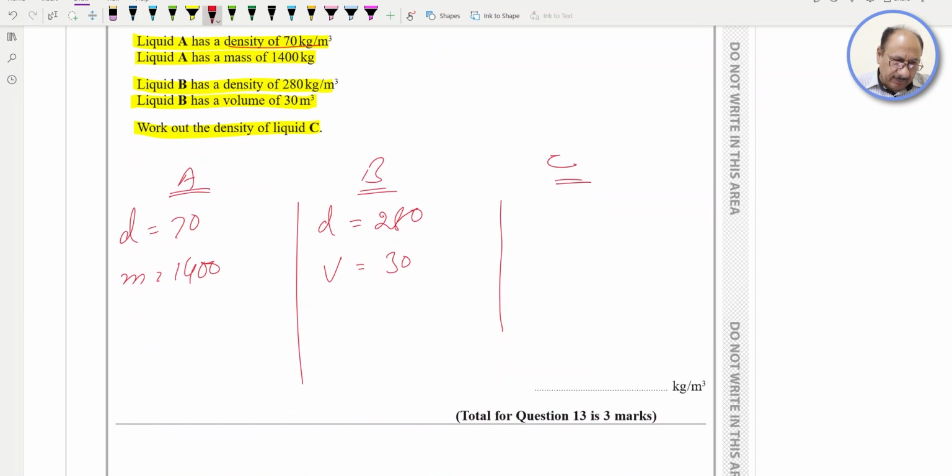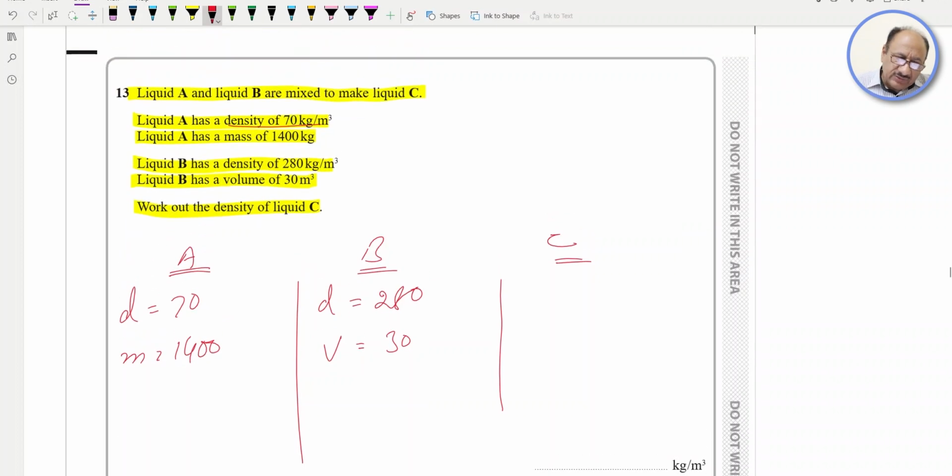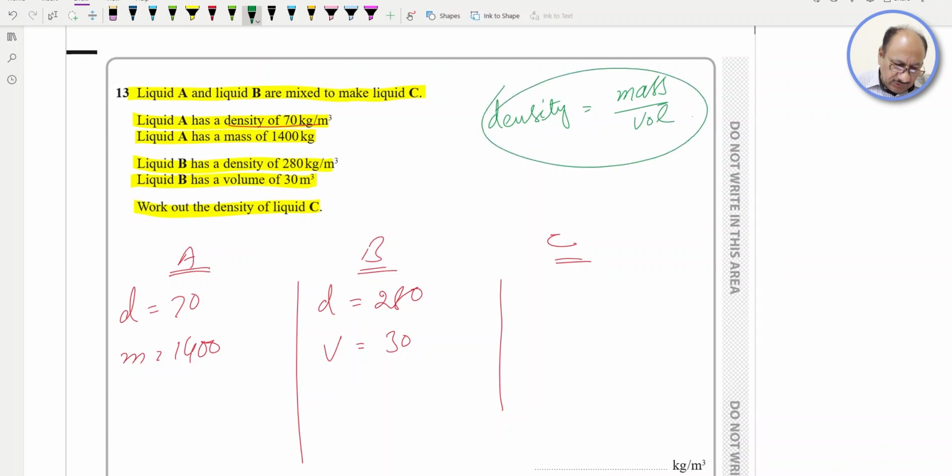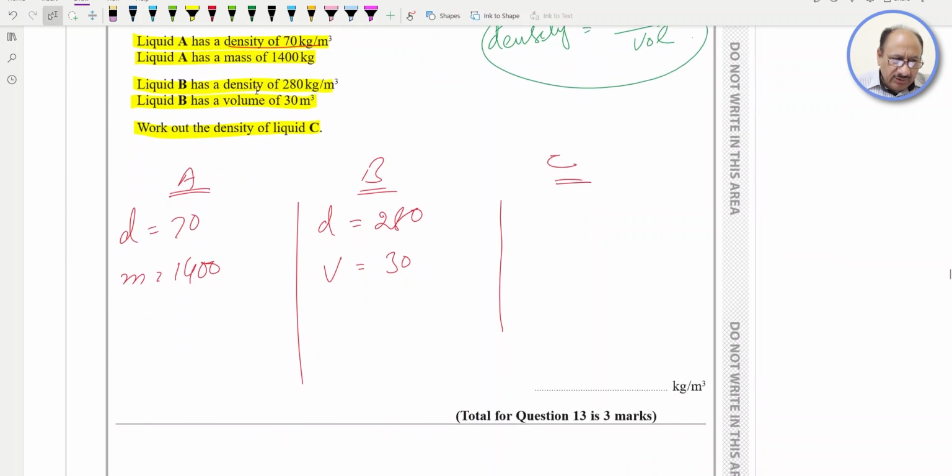Now we can first find, we know the density is equal to mass per unit volume. So mass over volume. This is basically the formula which we will be using, and the volume will be equal to mass over density.